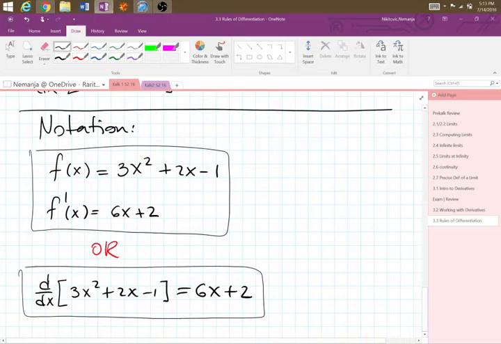Second notation is possible because you have derivative on both sides. On the left-hand side, you have derivative of this is that. Both sides are derivatives. The advantage of this is less writing, less space, and I hope better understanding.